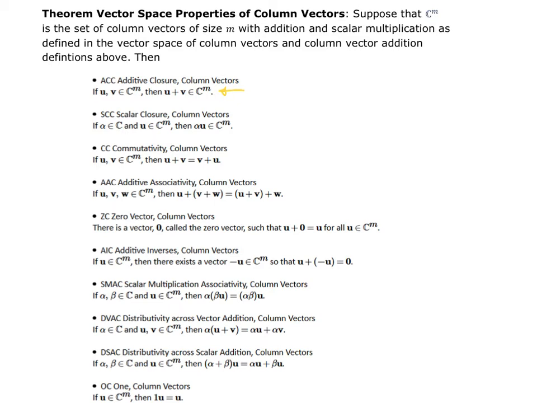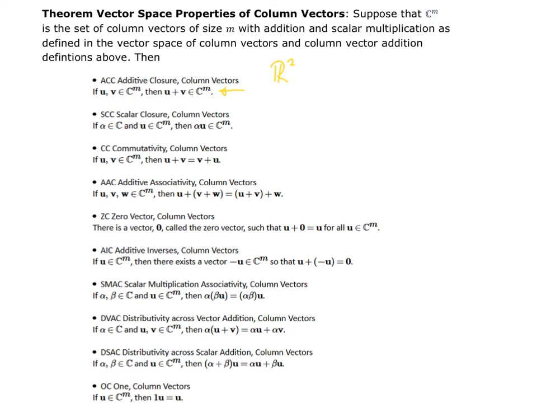Now if I'm in reals, so instead of Cm say I'm in R2, when I do vectors with two entries plus or minus some other vector with two entries, provided they're both real numbers, then my answer will be a real vector with two entries, even if an entry is 0.